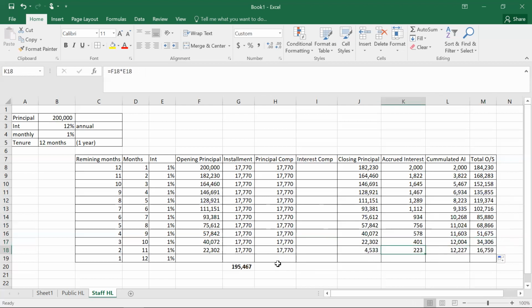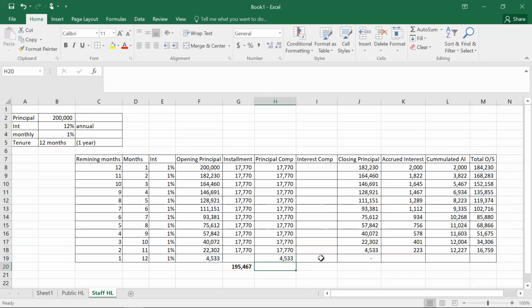Now, what is the principal component? The last installment, what is the principal component you need to recover? This is the principal. This entire thing you will recover. So, the opening principal will be 4,533. This entire thing you will recover.